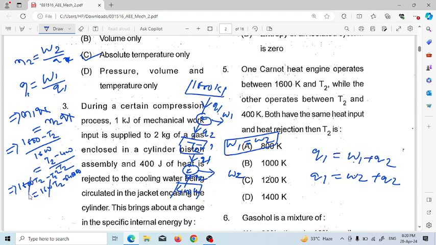So 1600 T2 cancels, minus cancels. So T2 is equal to root over of 640000. So this is 800 Kelvin. So the answer will be 800 Kelvin.